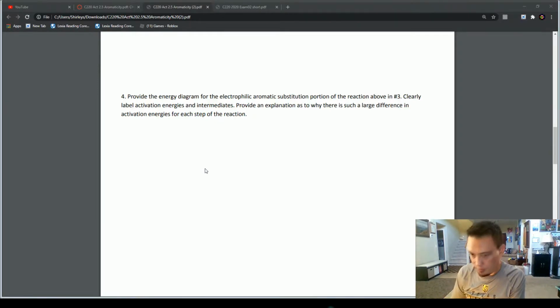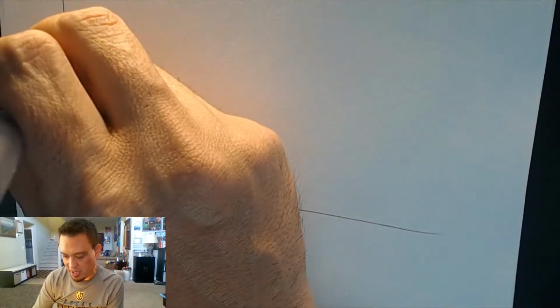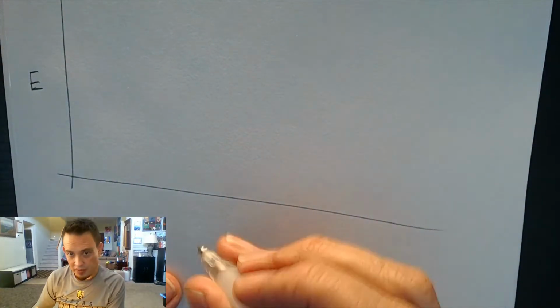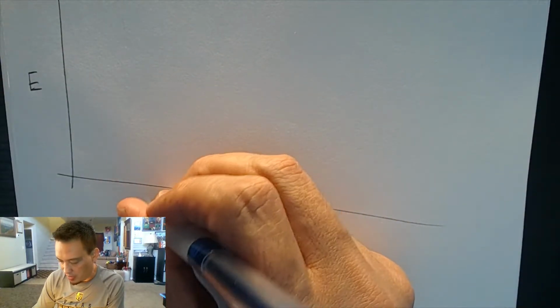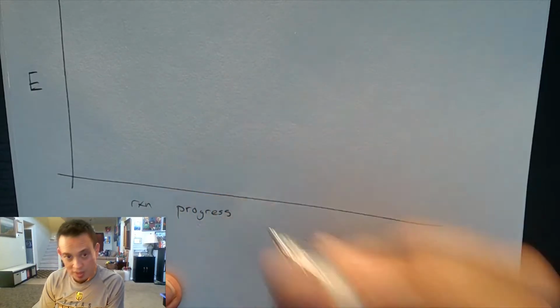So remember these graphs, the way they worked was we had energy on the Y, and then we had reaction progress on the X, also referred to as reaction coordinate.